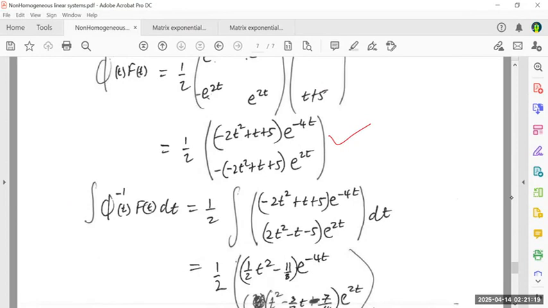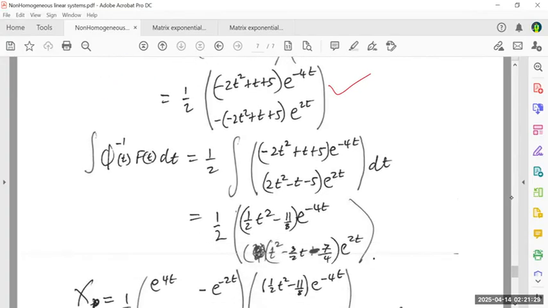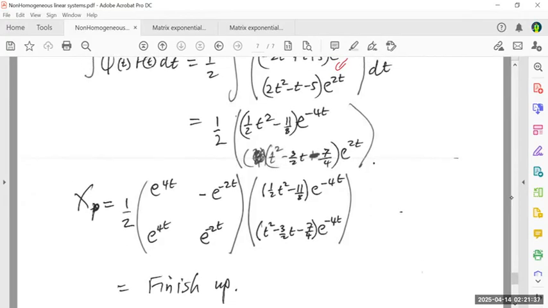But remember, I need to integrate the product of phi inverse times f. You do some integration by parts on each of them and get something like this. Please verify that these computations are correct.